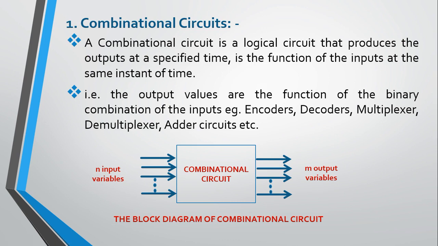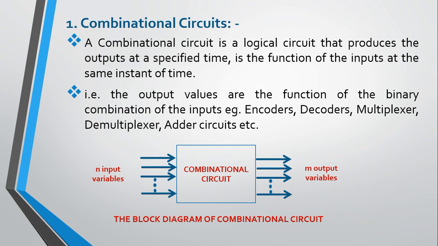If you have observed the previous block diagram of logic gates, at that time the output was 1. You just need to refer to the block diagram of a logical circuit in which you have a number of inputs but only one output variable.